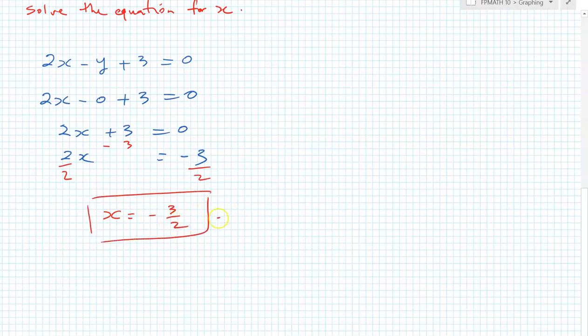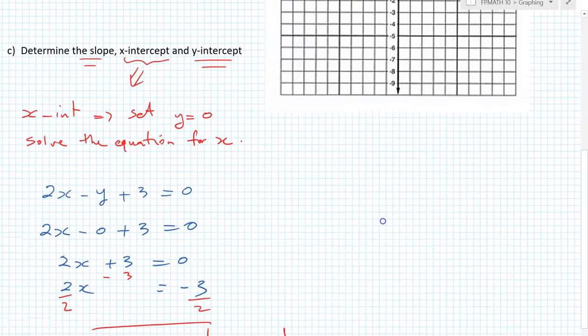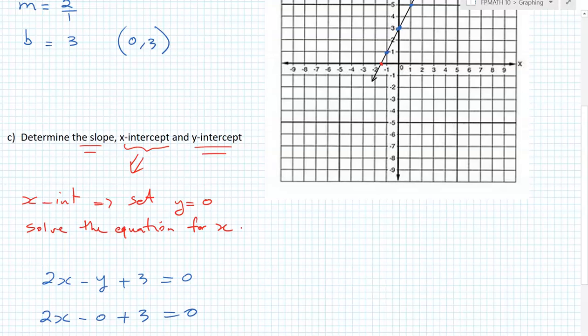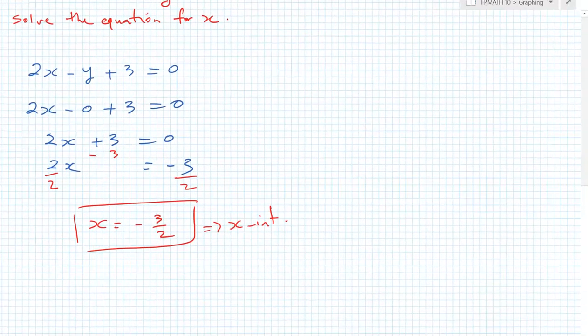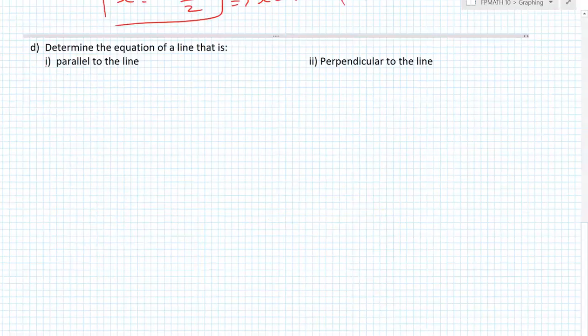That is the x-intercept. If you go to the graph, you'll notice that it is pretty much negative 1.5. Now write it in coordinate form: the coordinate form is (-3/2, 0), and that would be it.